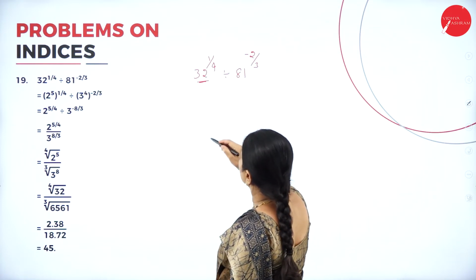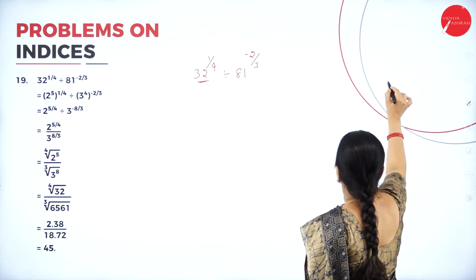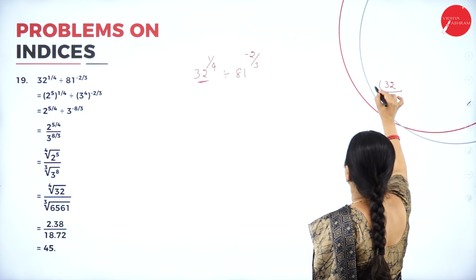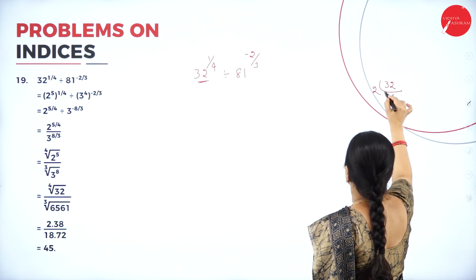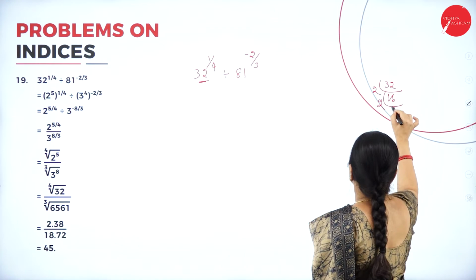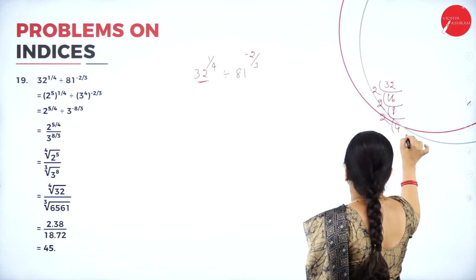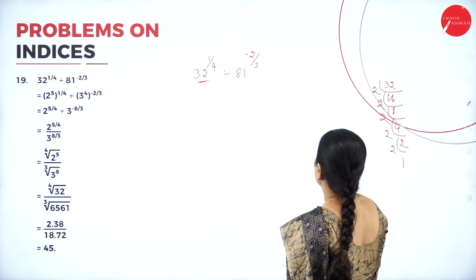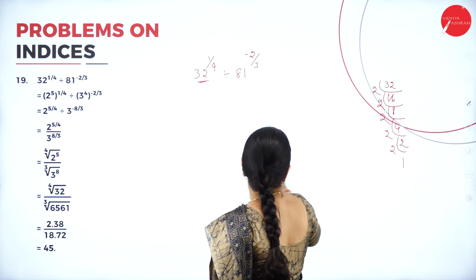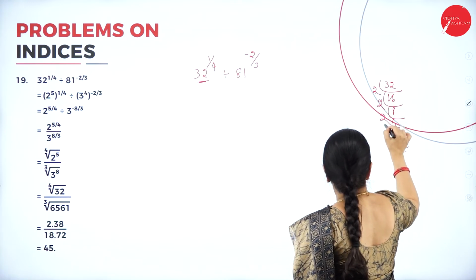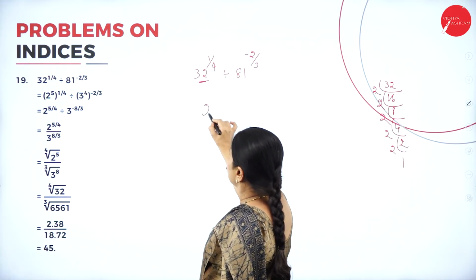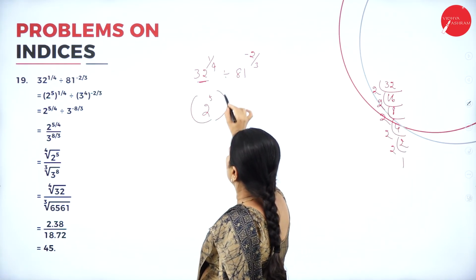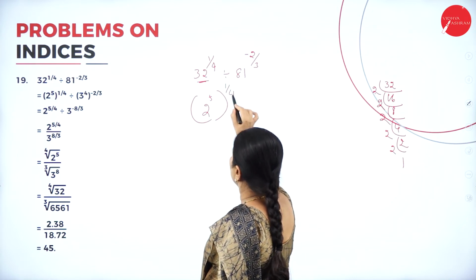So what I will do is, I will simplify this 32. I'll write here 2 ones are 2, 2 sixes are 2, 2 eights are 2, 2 fours are 2, 2 twos are 2, 2 ones are. So I am writing all the factors of 32. So that will be 1, 2, 3, 4, 5. So 2 to the power of 5 whole to the power of 1 by 4.